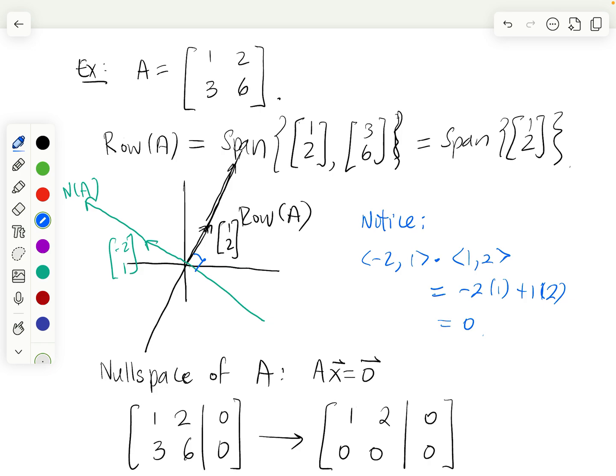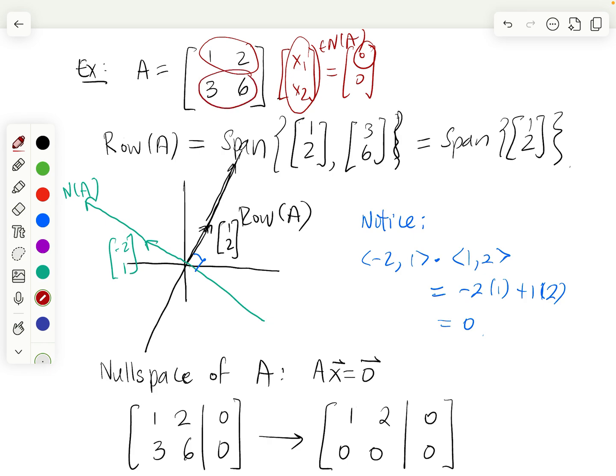Now, if you think about why that's true, it kind of makes sense, because if you have a vector in the null space, A times x has to be the 0 vector, right? So if the vector x1, x2 is in the null space of A, then you know that the dot product of 1, 2 and x1, x2 has to be 0, and the dot product of 3, 6 and x1, x2 has to be 0.